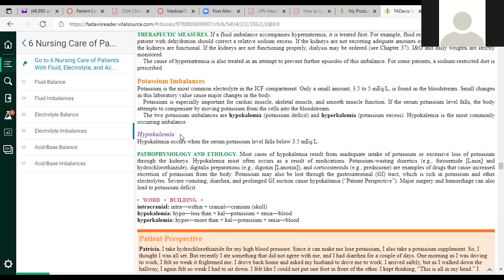And the biggest concern with potassium is the effect that it has on muscles, the effect that it actually has on the cardiac muscle. That's one of the biggest concerns, because potassium could actually stop your heart, whether it's given in high levels or whether your potassium is low.